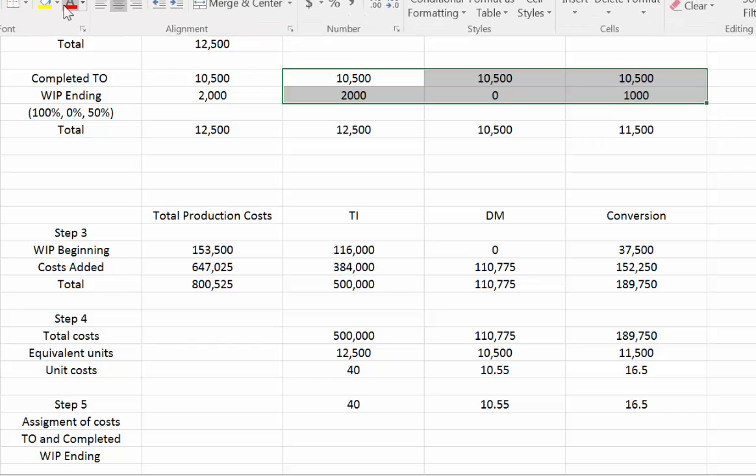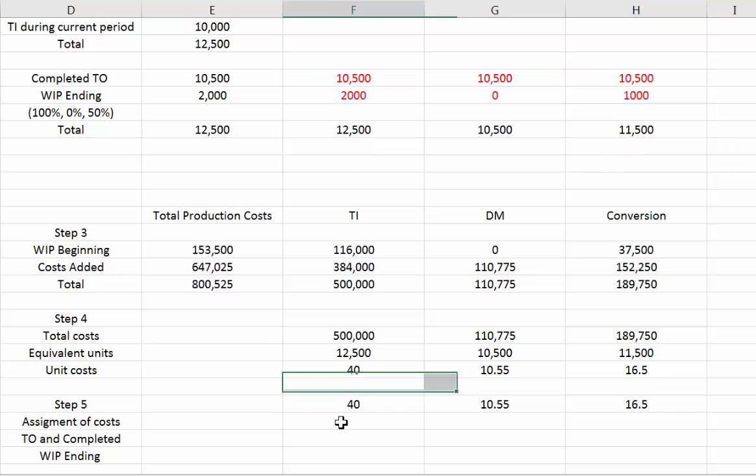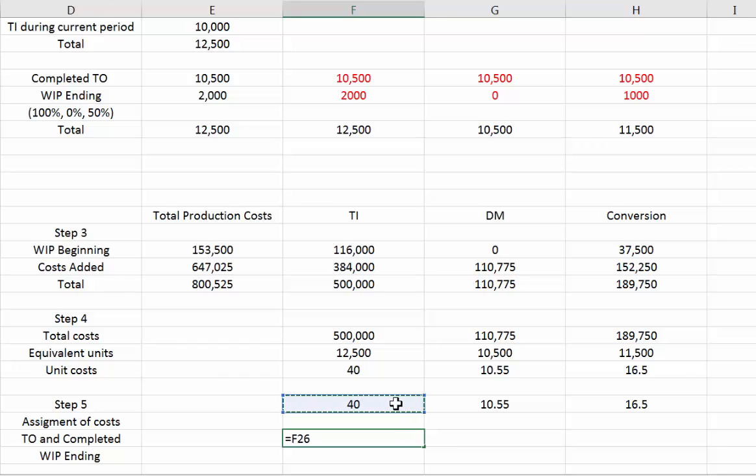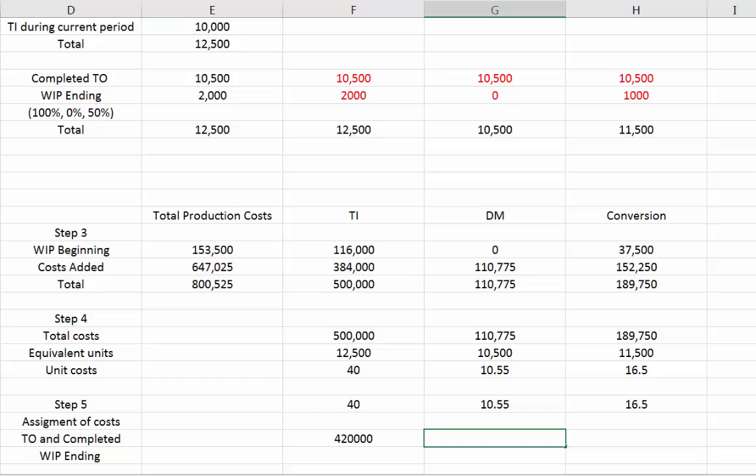I'm going to make them red. Okay, so for the completed and the transferred out, I need to multiply the unit cost by the number of equivalent units here. Okay, so I'm going to do that for every cost.